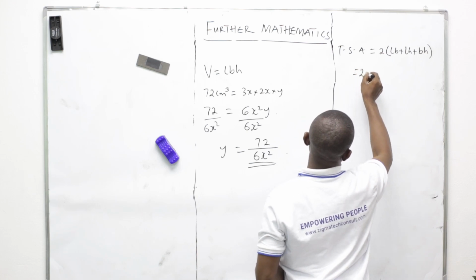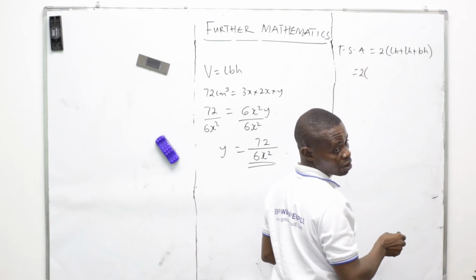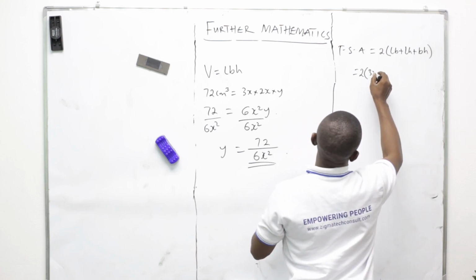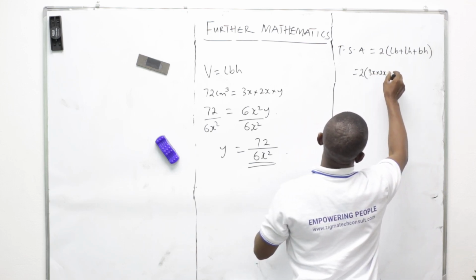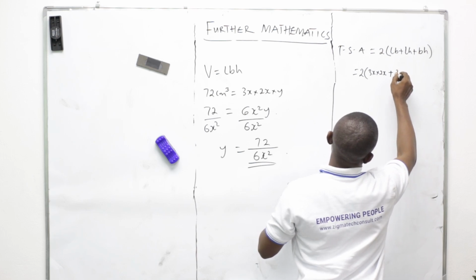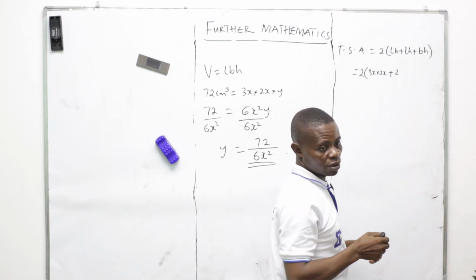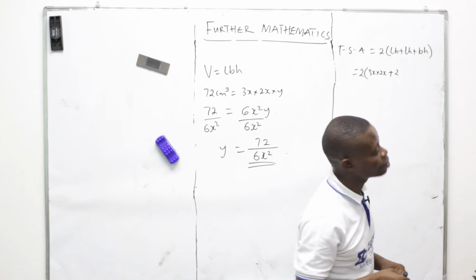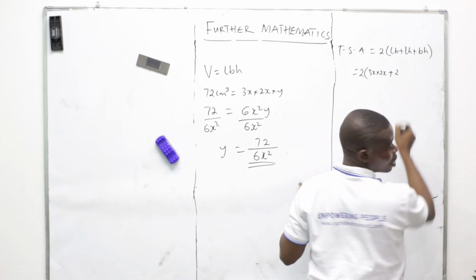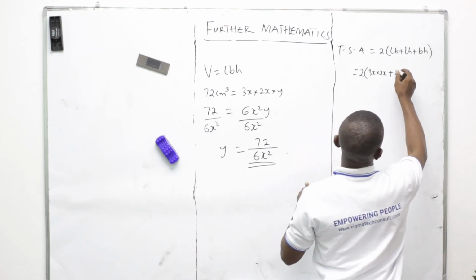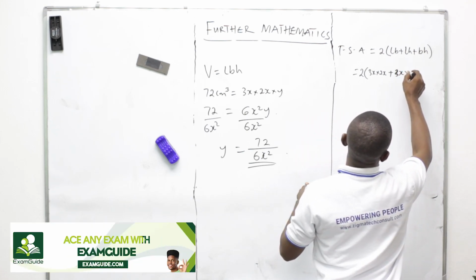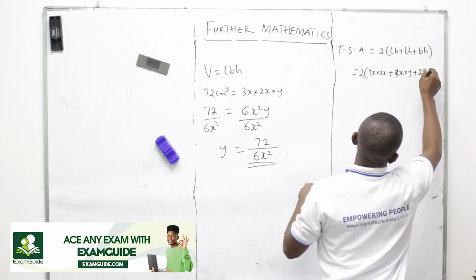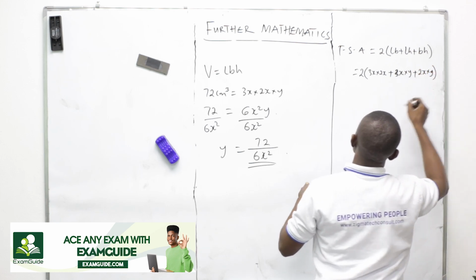This will give us 2 brackets L, the length, which is 3x, times 2x, plus length times y, that is 3x times y, plus 2x times y.